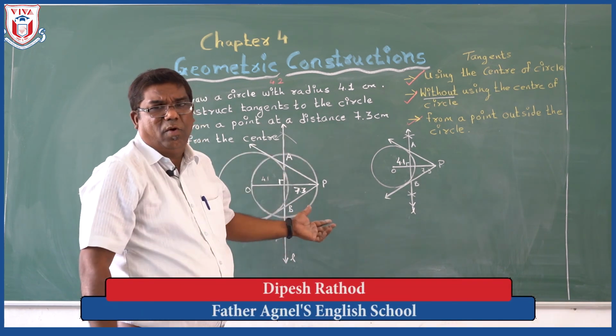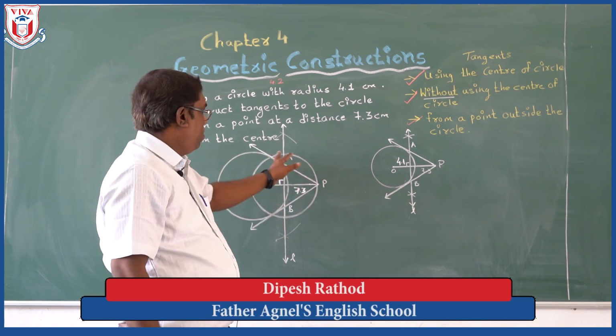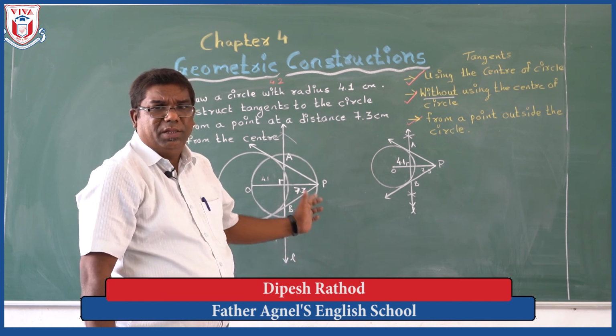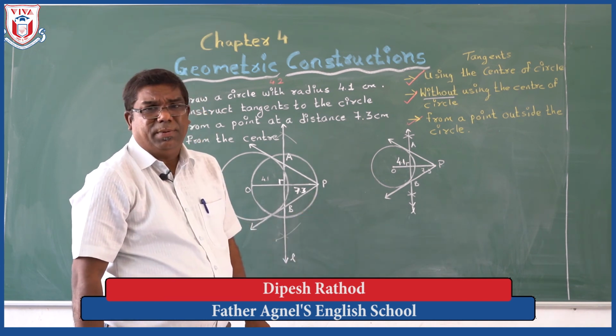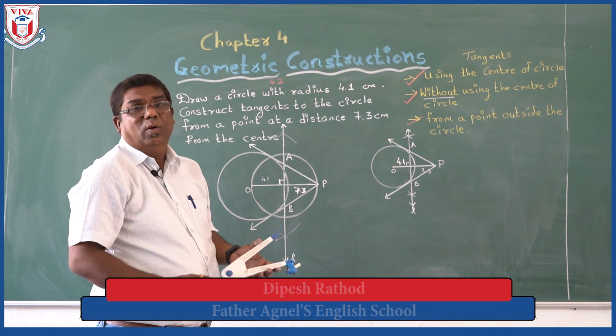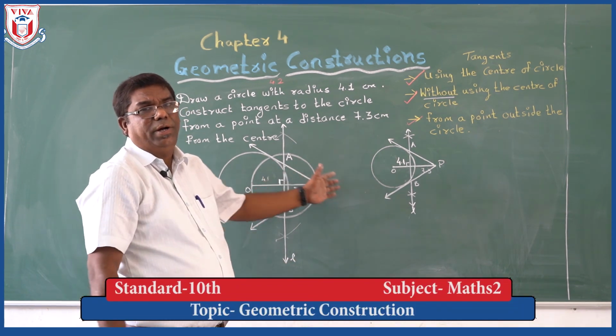If you want a second circle, that's okay, you can go for the half circle also. This is our third concept, tangent from a point outside the circle, meaning an external point from where we have drawn.